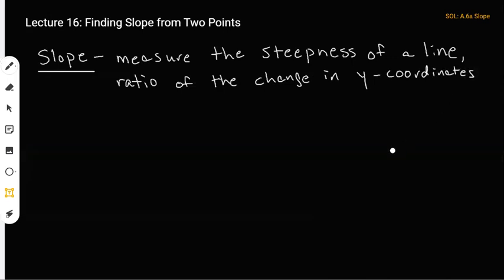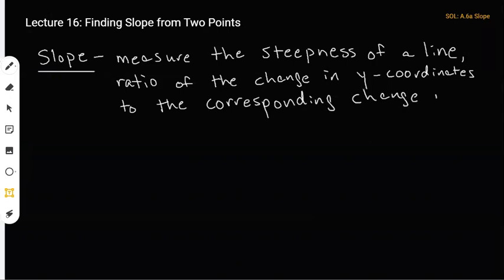So the y coordinates are always going to be on top, and the x coordinates are always going to be on the bottom of the fraction. So it's going to be the ratio of the change in the y coordinates to the corresponding change in the x coordinates.